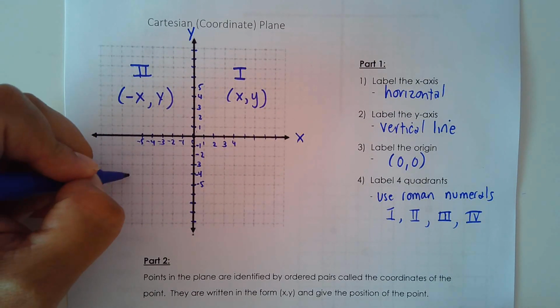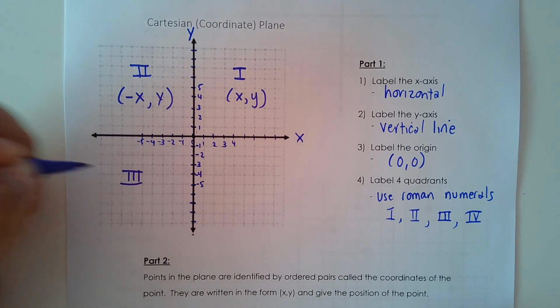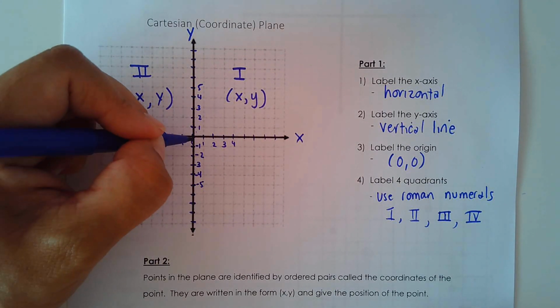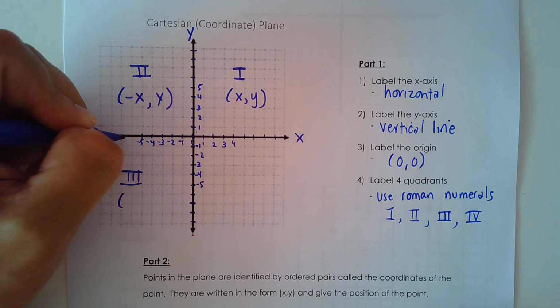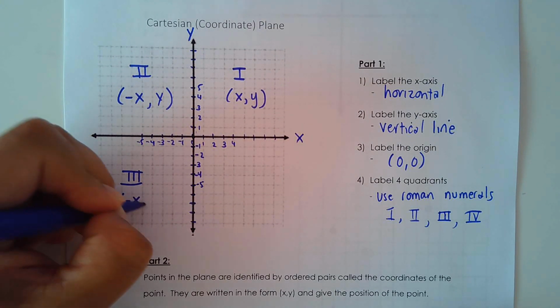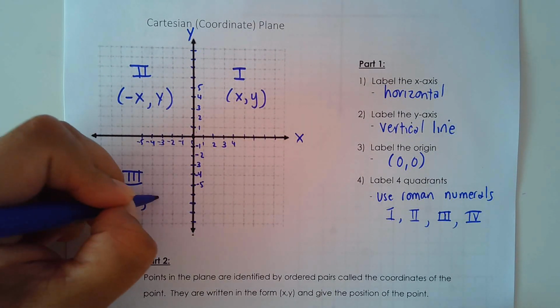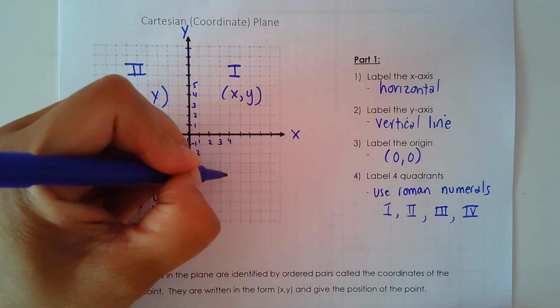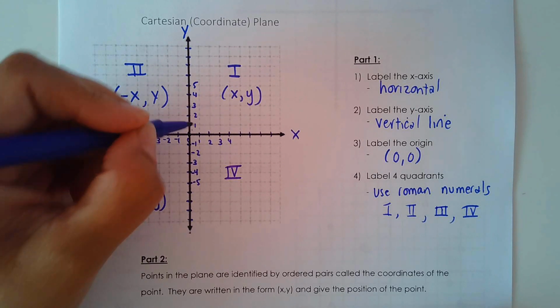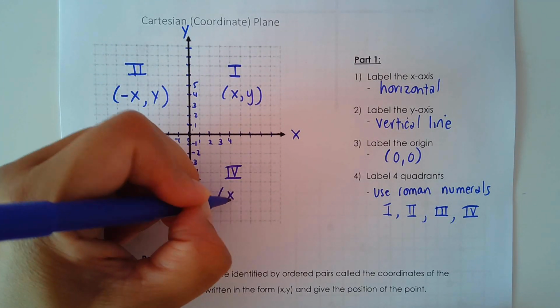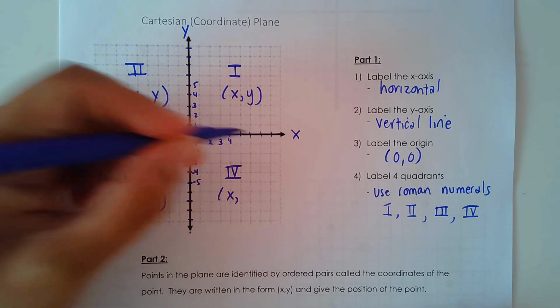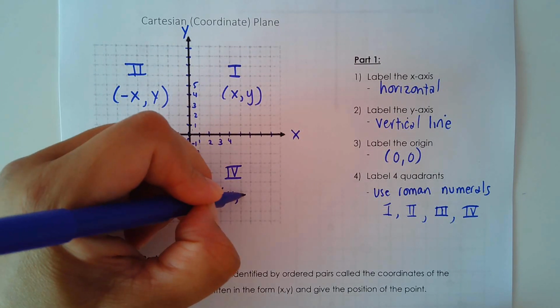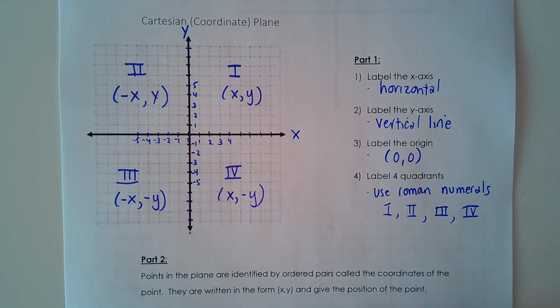And down here, which is quadrant 3, the x values are negative, and the y values are also negative. And then in quadrant 4, our x values are positive, and then our y values are negative.